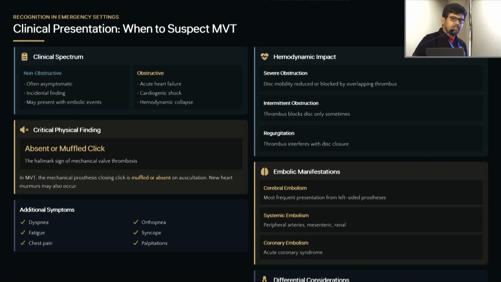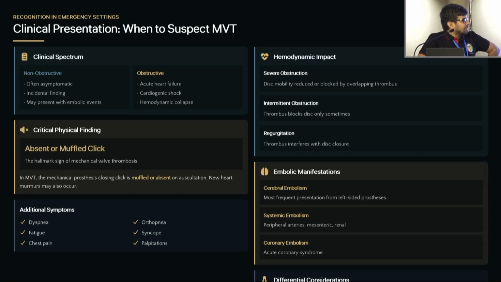Auscultation is one of the important things for diagnosis of valve thrombosis, because an absent or muffled heart sound carries a high sensitivity and specificity for finding thrombosis of a mechanical valve. Additional symptoms, as you know: the patient might have dyspnea, fatigue, chest pain, orthopnea, syncope, and palpitation, which are all symptoms of acute heart failure.